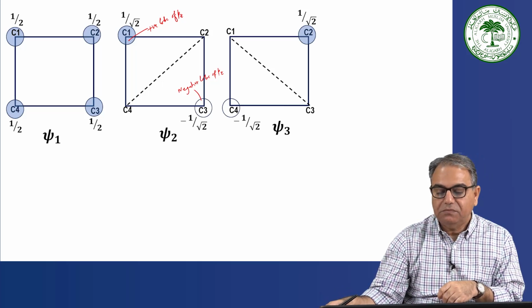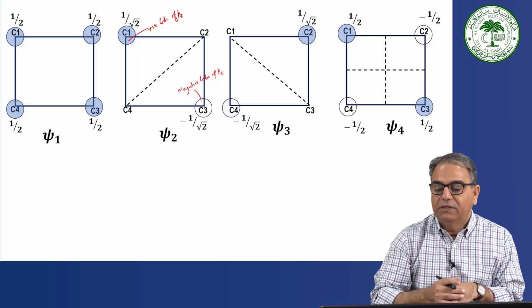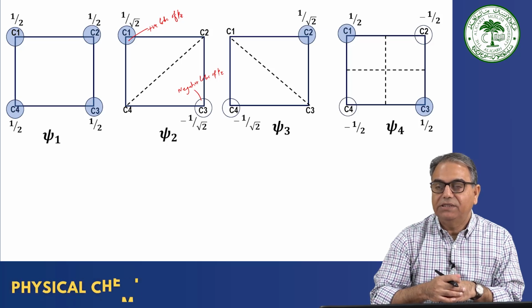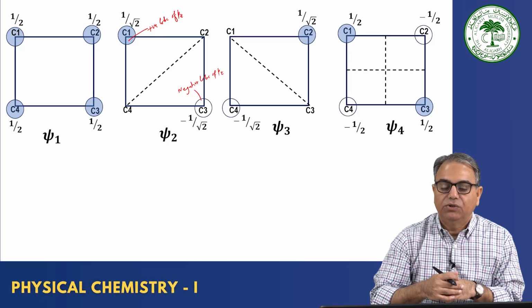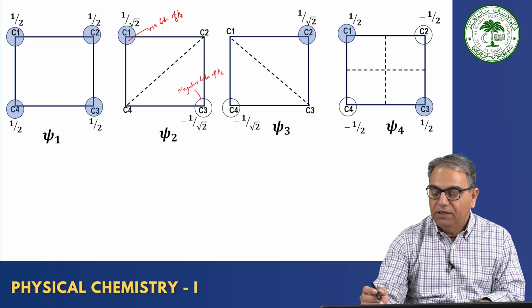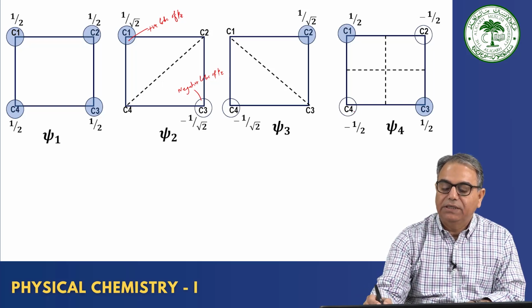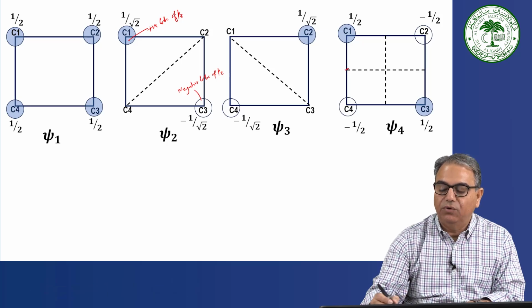Okay. Then again you have the Ψ4 system, where the C2 and C4 coefficients are negative and the C1 and C3 coefficients are positive. So you get a positive lobe at C1 and C3 and a negative lobe at C2 and C4. And again, if you go from C4 to C1, there is a change in the wave function sign, so in the middle you will have a node.